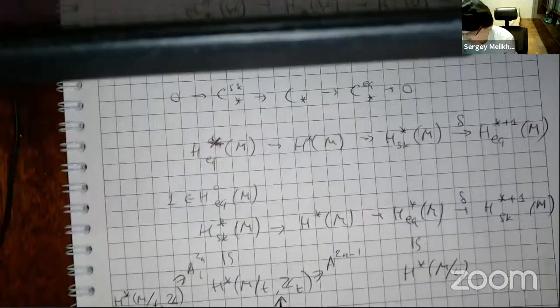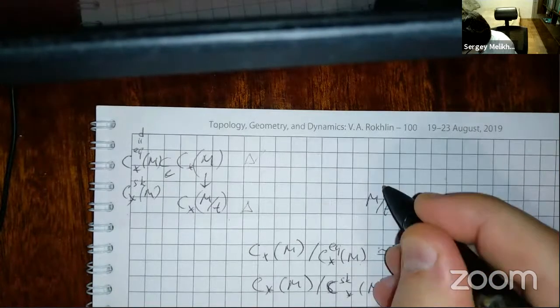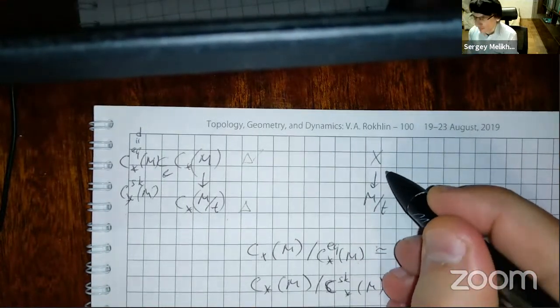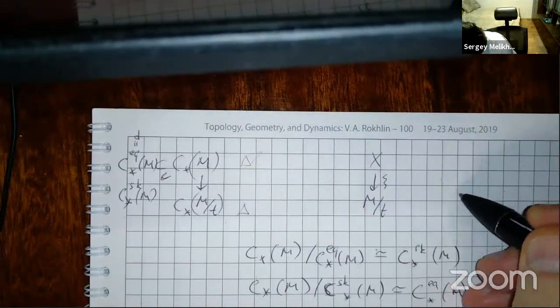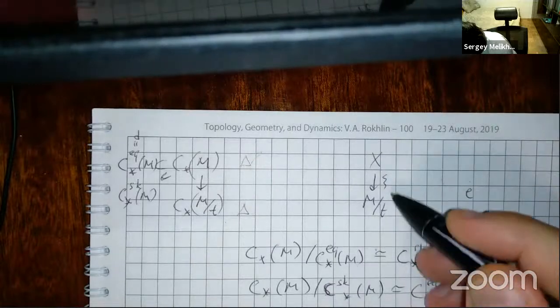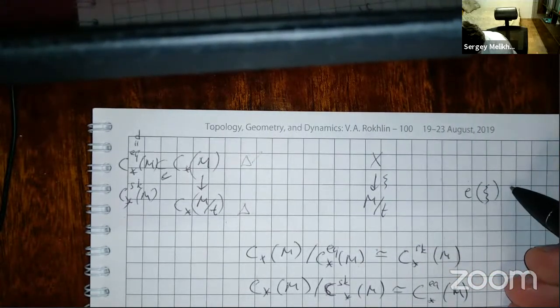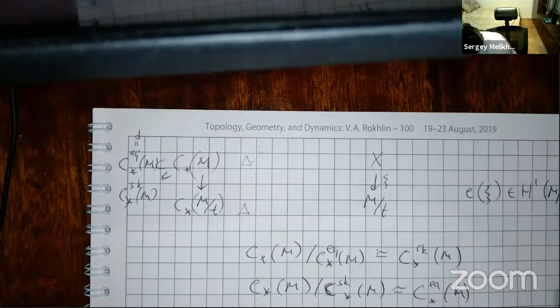we have this double cover, and we can take the line bundle associated to this double cover, and then this line bundle has an Euler class, which lives in one-dimensional cohomology with twisted coefficients.